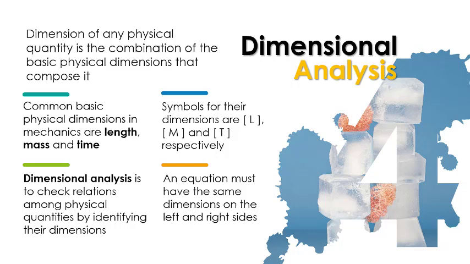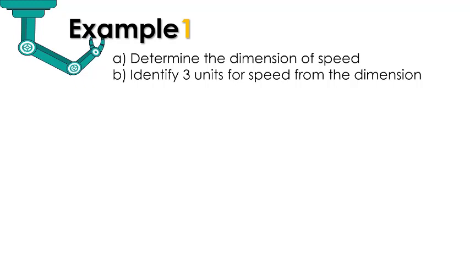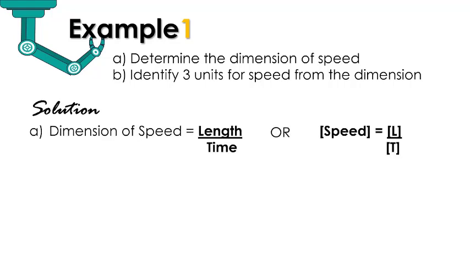Now, let us discuss examples of dimensional analysis problems. Example 1. Determine the dimension of speed and identify 3 units for speed from the dimension. As we know, speed is defined as length over time.